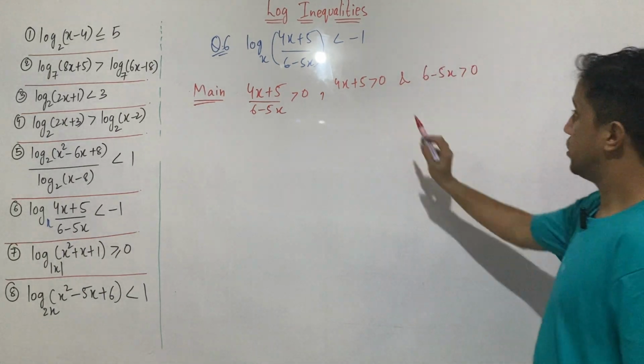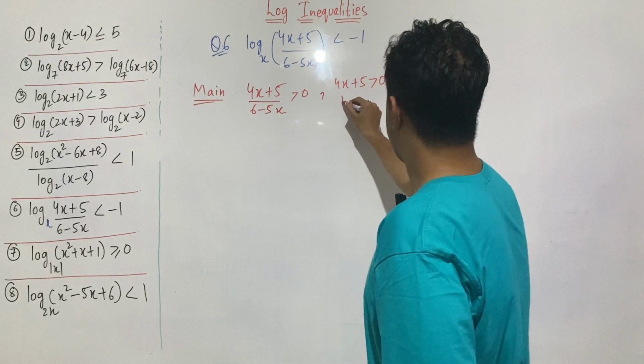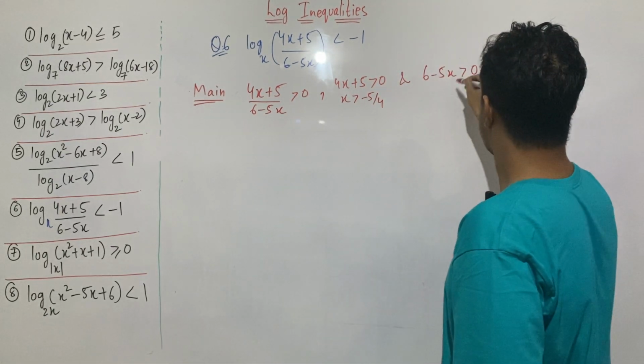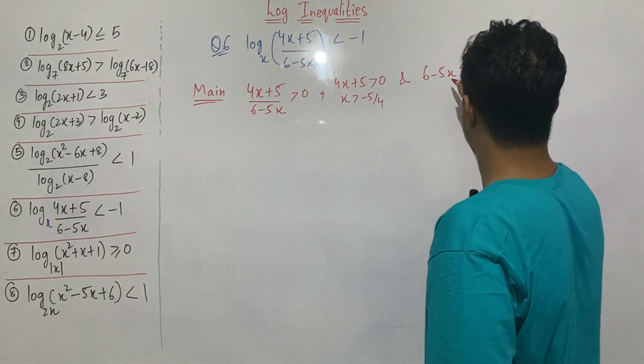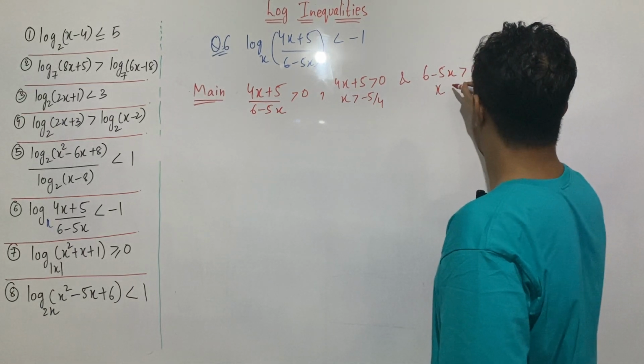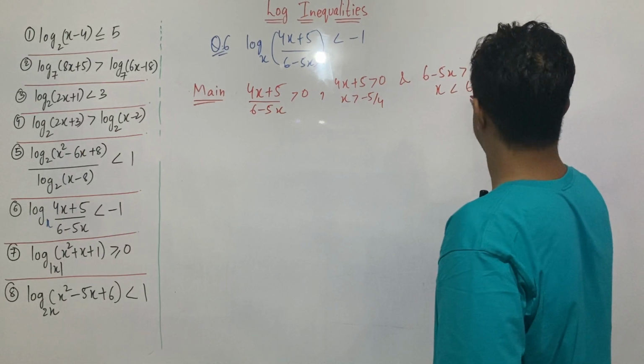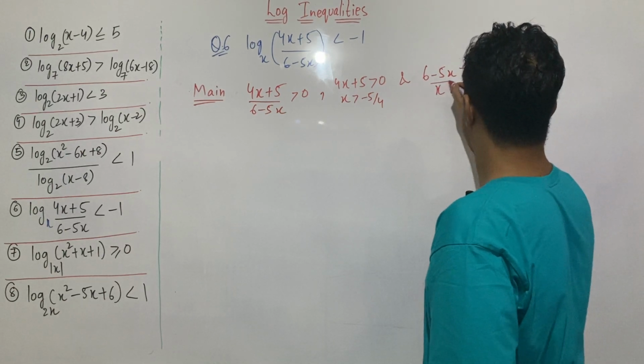From here, x is greater than -5/4, and x is less than 6/5.